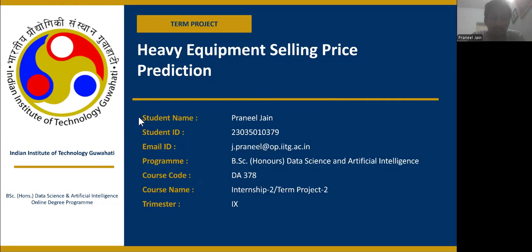I have taken the dataset from Kaggle. I have imported some necessary libraries like NumPy, Pandas, Matplotlib, and Seaborn for the graphs and images, and the models from sklearn, XGBoost, and LightGBM with random forest regression are used in this whole thing.